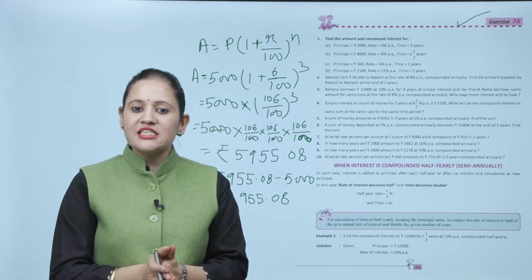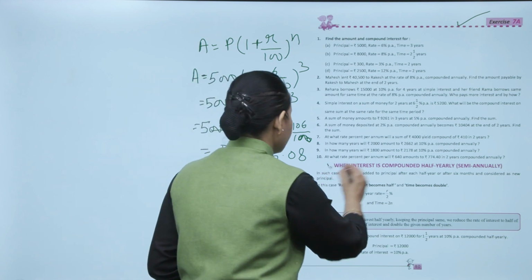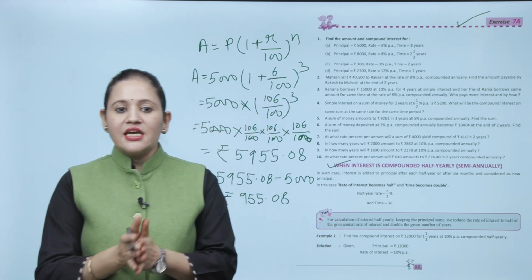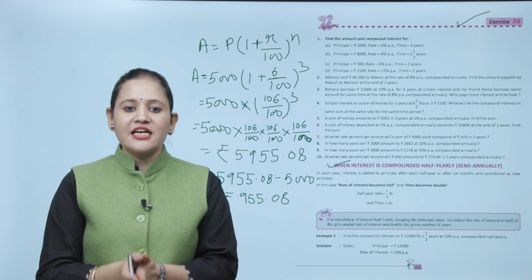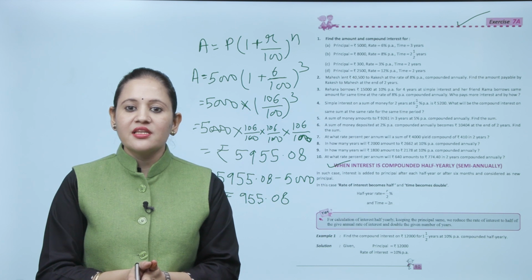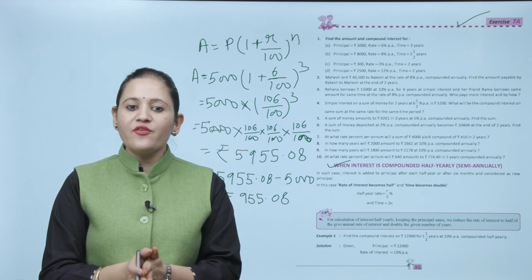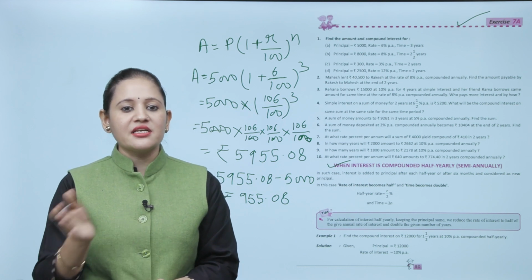Next is when interest is compounded half yearly or semi-annually. In such a case, interest is added to the principal after each half year, after 6 months, and considered a new principal. In this case, the rate of interest becomes half and the time becomes double.